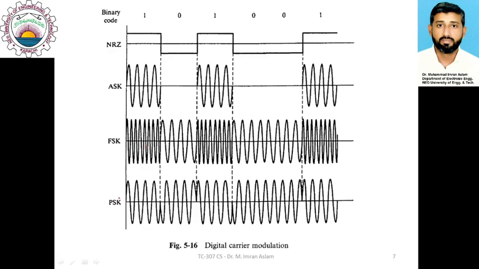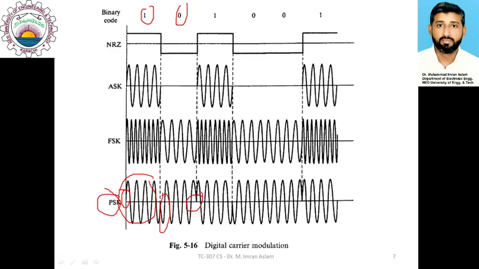Similarly, we can use PSK modulation. For PSK, you can see that the 1 is represented by 0 degree phase, 0 phase. You can see that the phase is 0, the waveform is starting from here, and the 1 is represented by this waveform, whereas for the 0, we see an inverted waveform. The waveform is out of phase by 180 degree. So you see a phase shift of 180 degree here.